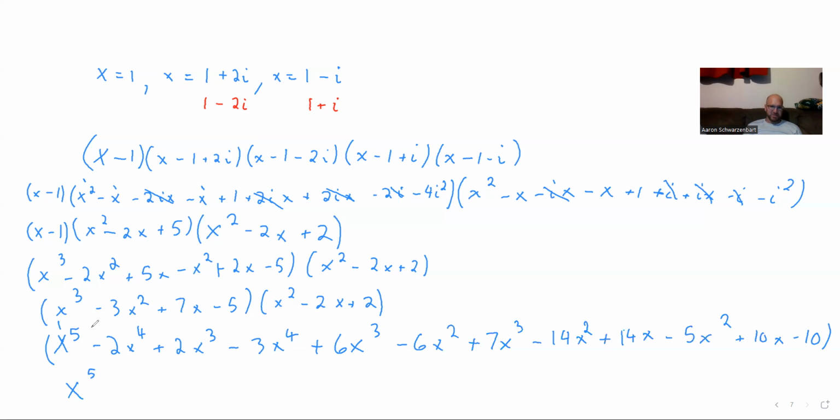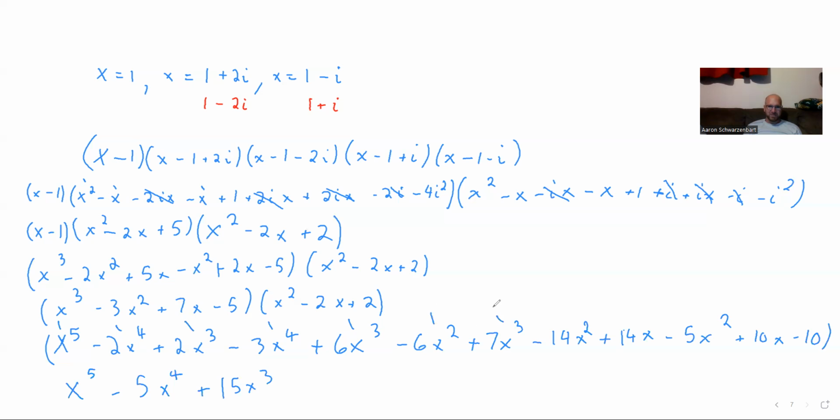x to the 5th, now we just start combining like terms, minus 5x to the 4th. 2 plus 6 is 8, plus 7 is 15, x cubed.